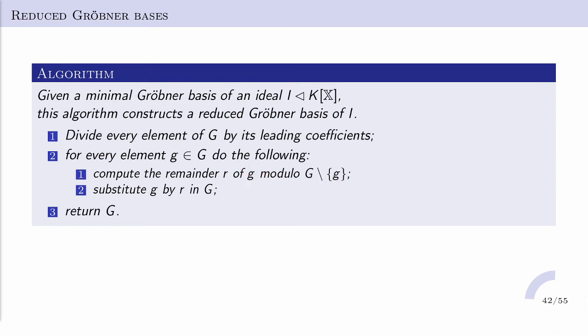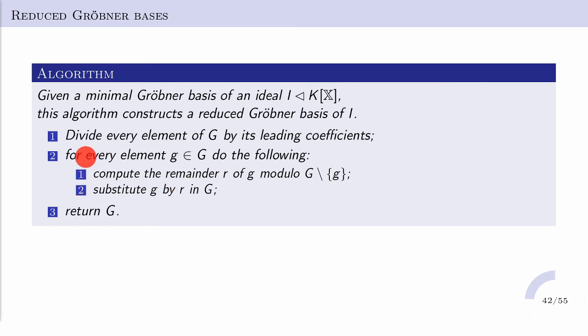Of course, we cannot include g itself here because then the remainder would be 0. And once we have computed the remainder r, we replace g by r. So we remove g from the basis and we append r to the basis.